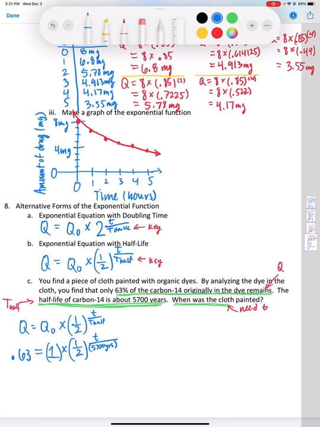T is kind of caught up in this exponent spot, and the opposite of exponents is logarithms. The inverse of exponents are logarithms. So we have to do a logarithm. Let's do log to base 10 because it's the easiest. So I'm going to take the log of both sides.